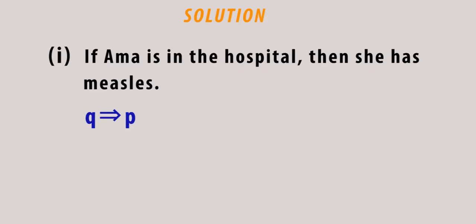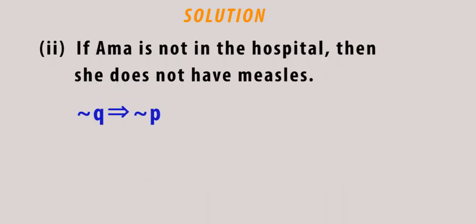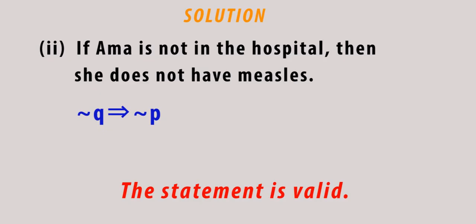This means we are saying Q implies P. But the original one said P implies Q. Therefore, this statement is not valid. Now, let's move on to the second one. If Amma is not in the hospital, then she does not have measles. Here, it means we are having the implication not Q implies not P. That is the contrapositive. And this statement is valid.